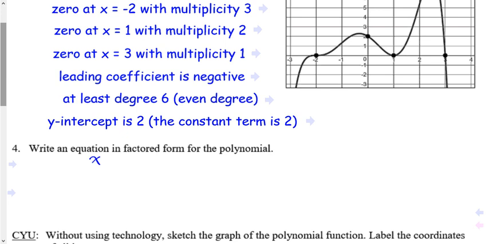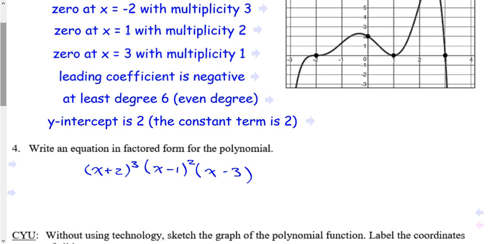So I know I have an x plus 2 with an exponent of 3. Man, my alignment went off again. Must be the heat. And for the next one, I'll have an x minus 1 with an exponent of 2 because of that multiplicity of 2. And then I'll have an x minus 3 with an exponent of 1.